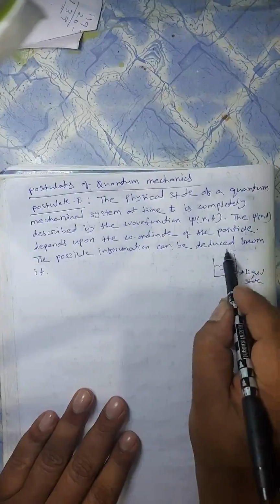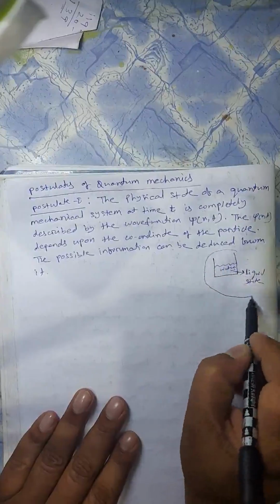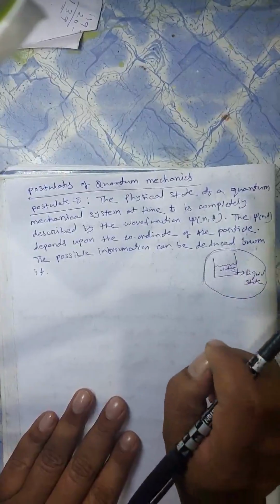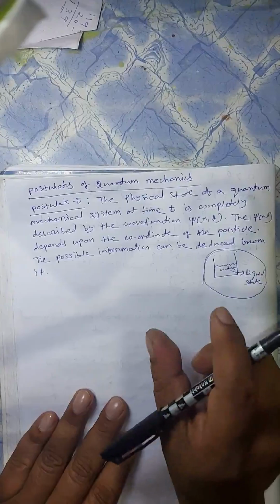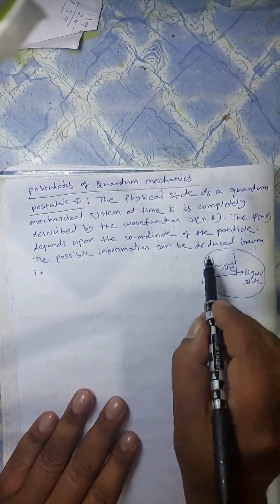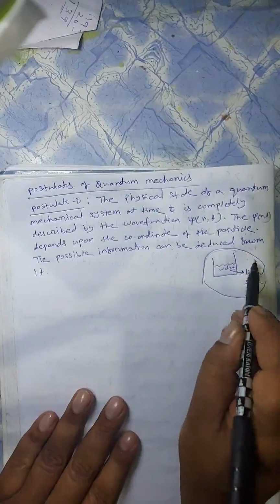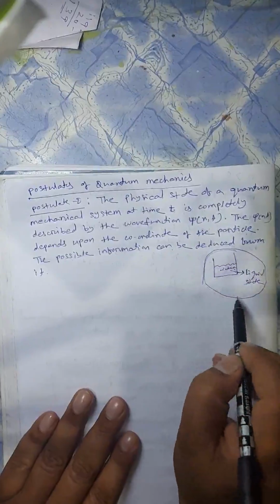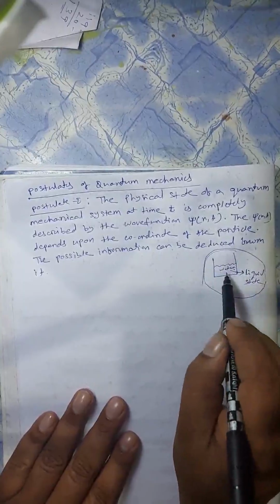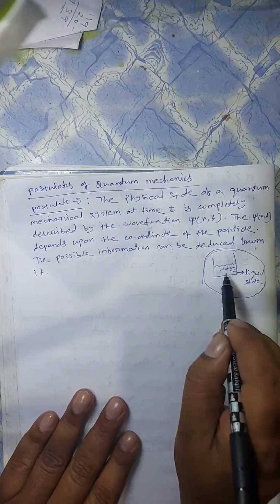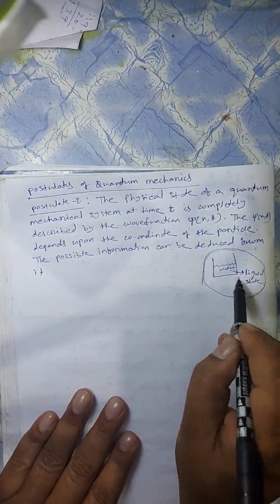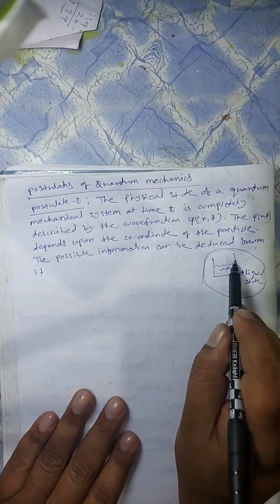Suppose this belongs to a quantum mechanical system. System means, as you already know, the specified part of the universe which is under experimental investigation. Suppose this is my round table on which I put a beaker, and the beaker contains water. What is the physical state? The liquid state. This is my quantum mechanical system.